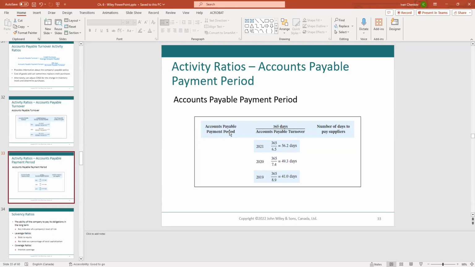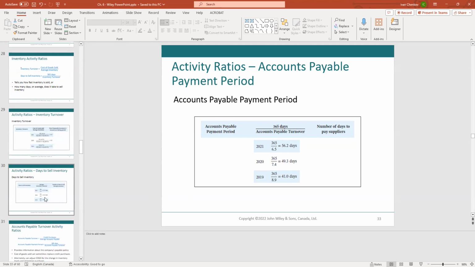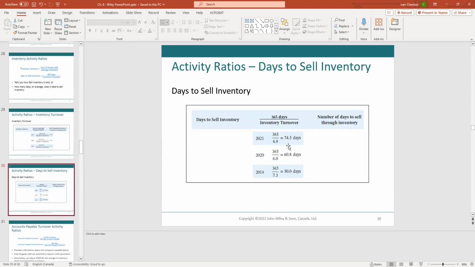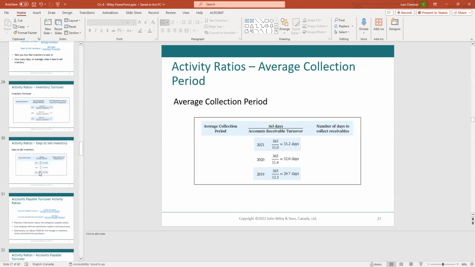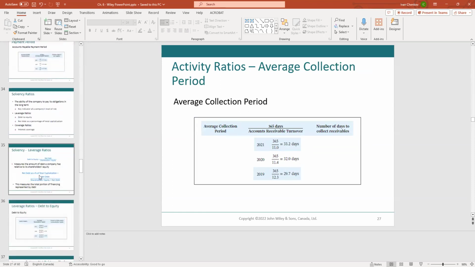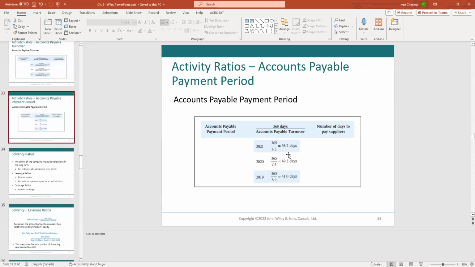Now, in order to reduce the days of accounts payable, first we have to reduce the days of inventory. Then we have to focus on the accounts receivable collection to reduce those days. And then naturally our accounts payable is going to start going down in number of days.